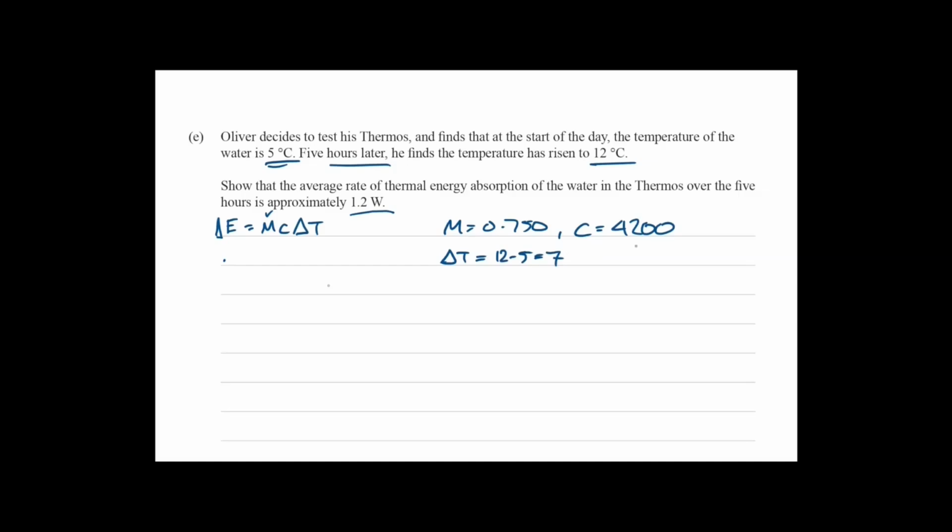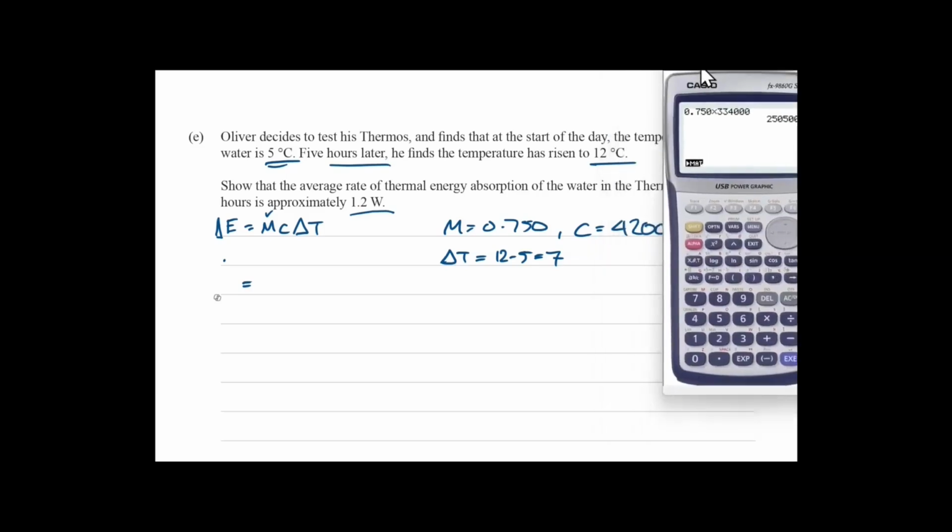Okay, so we can now work out how many joules of energy goes into this water in the thermos flask to change its temperature, and for that we're going to just grab our calculator.